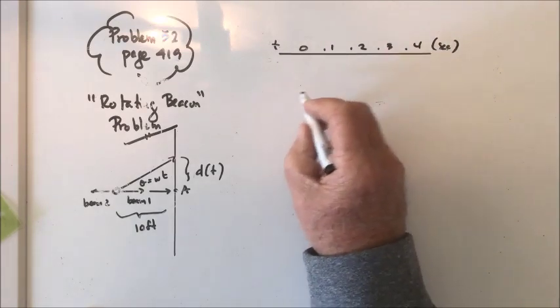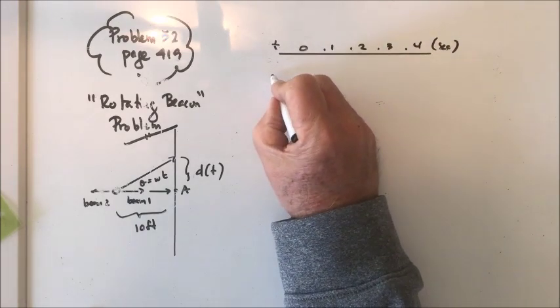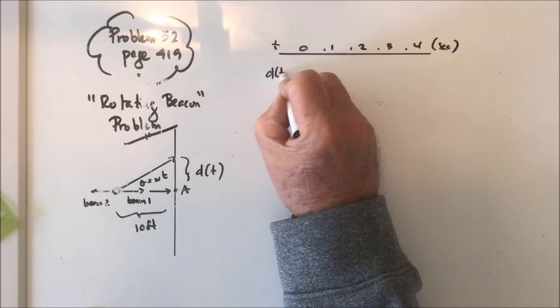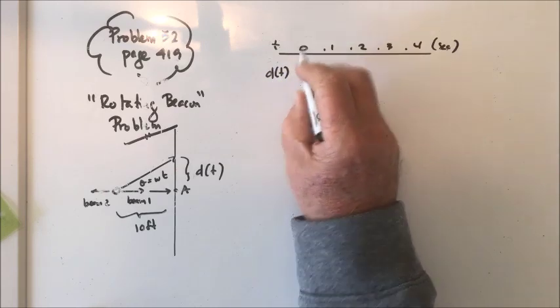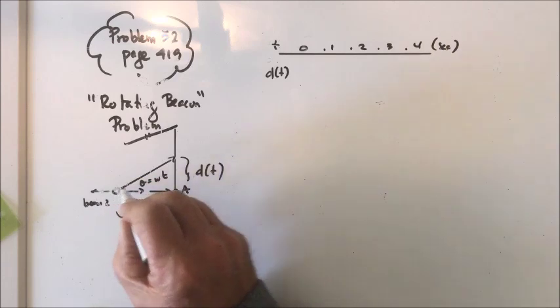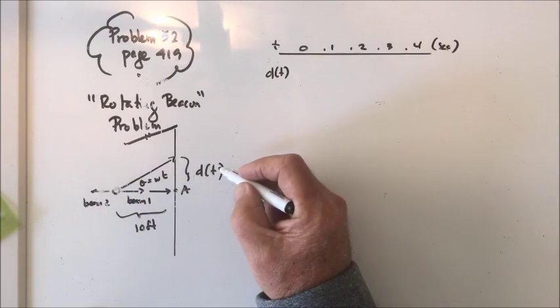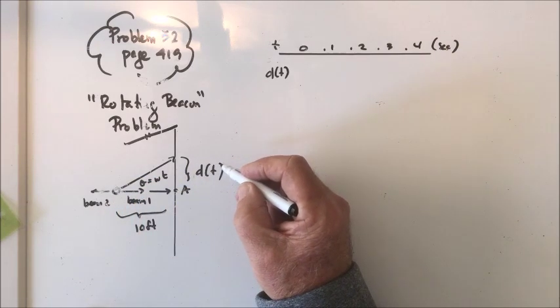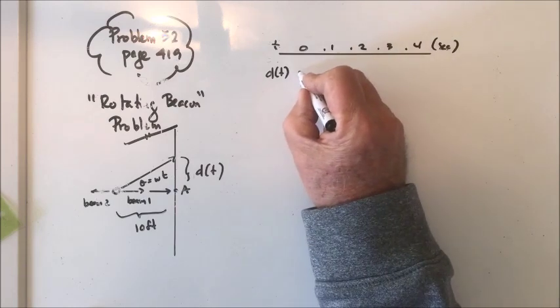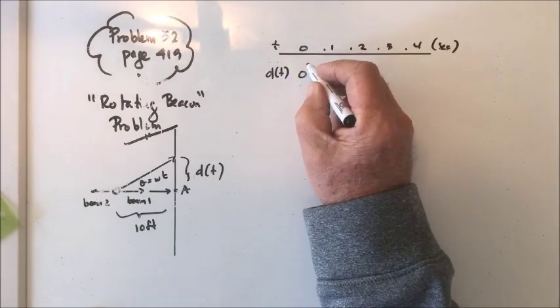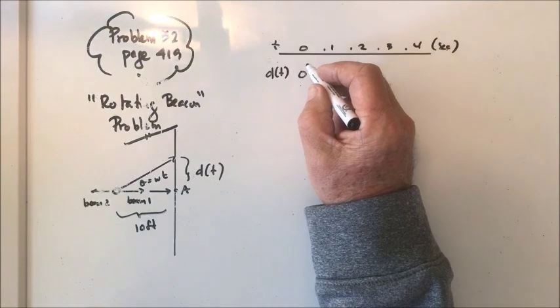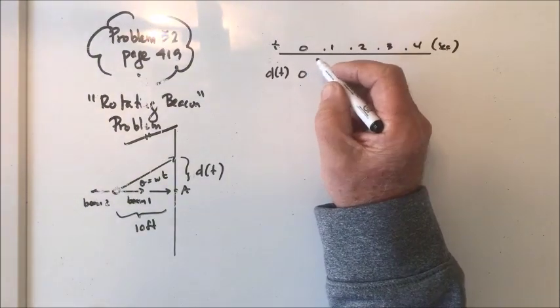And the first thing that this wants is for you to calculate d of t. And so we know at time t equals 0, the distance is 0, okay? And I've calculated these before, so let me just write these down.